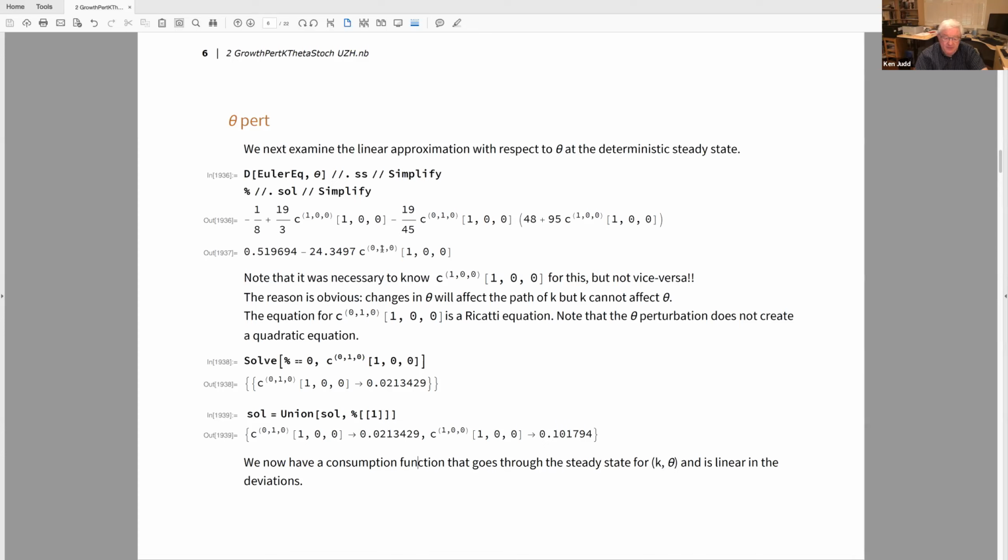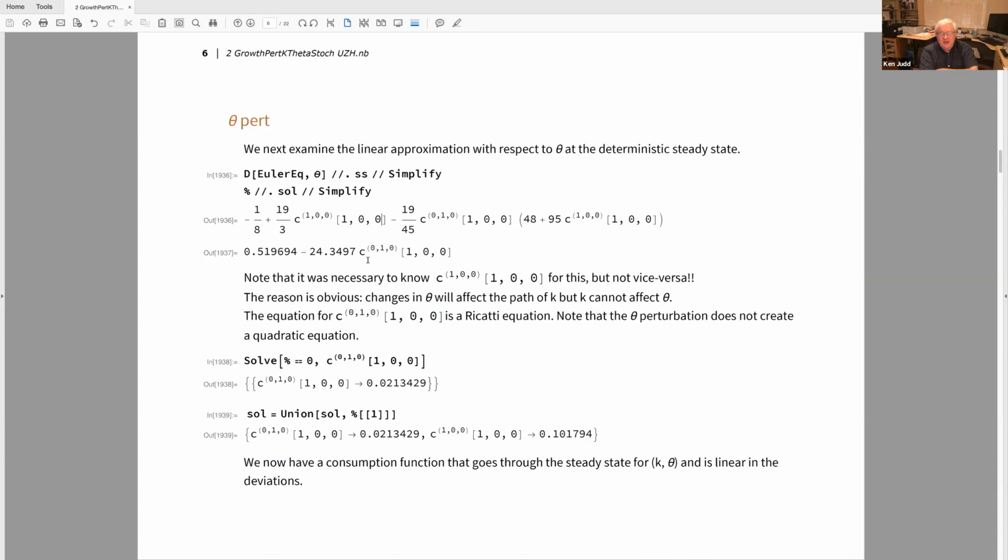Now notice, by the way, in this first equation involving C sub theta, C prime with respect to K shows up. But when we put in the solution values for that, we end up with the equation for the theta derivative. Now notice this is linear.